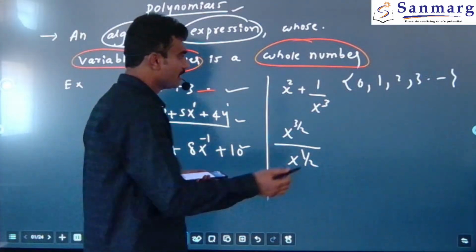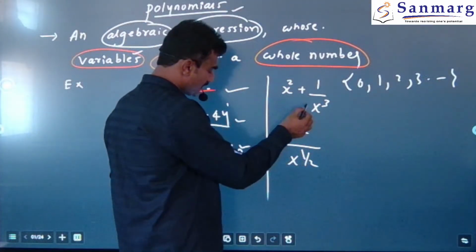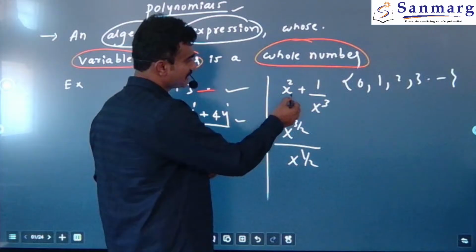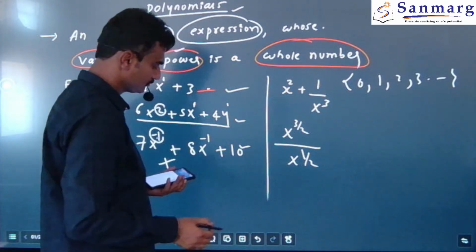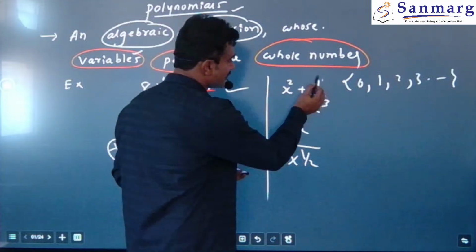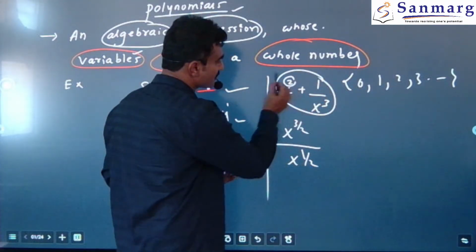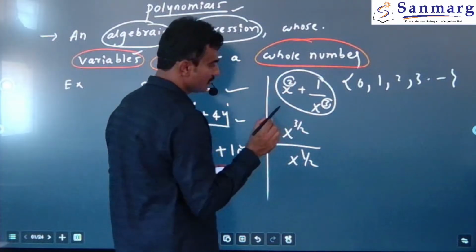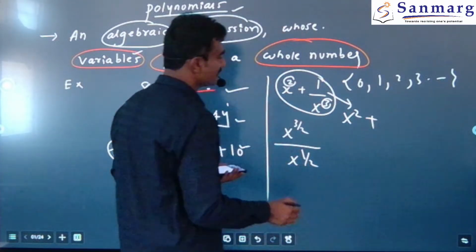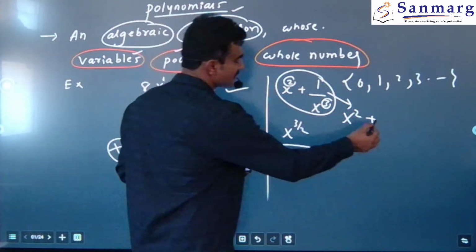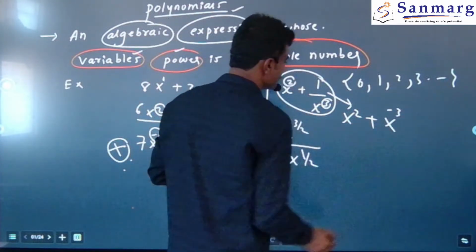Similarly, consider the next example: x square plus 1 upon x raised to 3. Here the power of x is 2, and here the power of x is 3. No doubt it is 3, but after simplification, 1 upon x raised to 3 can be written as x raised to minus 3.